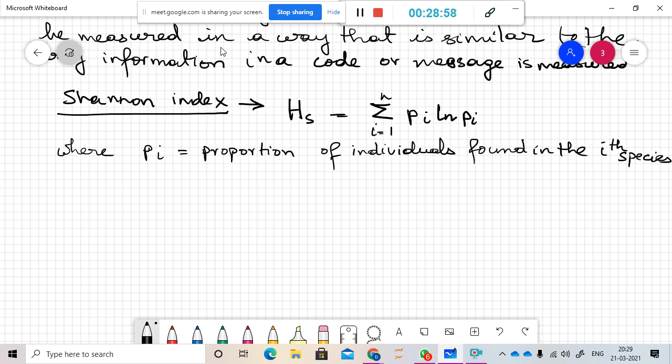What is the proportion of the individuals in the ith species?